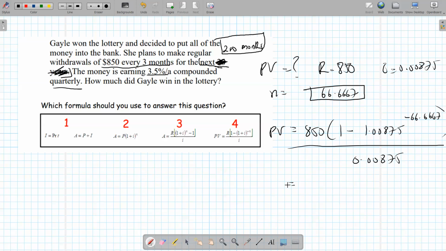Try plugging this in your calc. 42,796.02. Yeah, there you go.